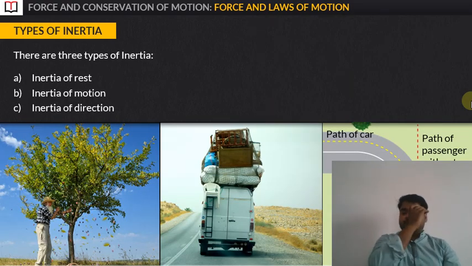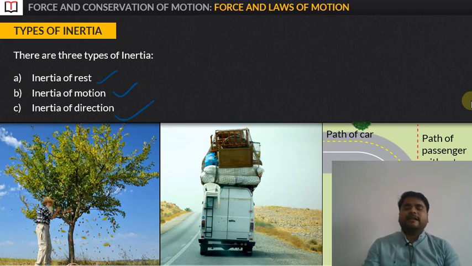Now types of inertia. There are three types of inertia: inertia of rest, inertia of motion, and inertia of direction. So with the help of these three examples, we have noticed that this is the example of inertia of rest, this is the inertia of motion, and this is the inertia of direction.